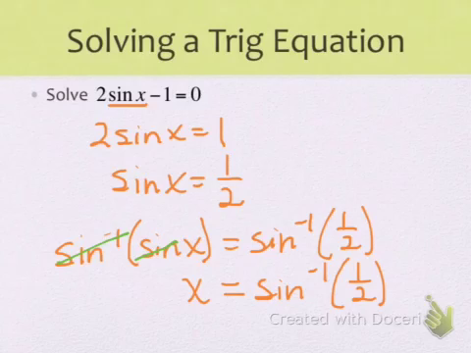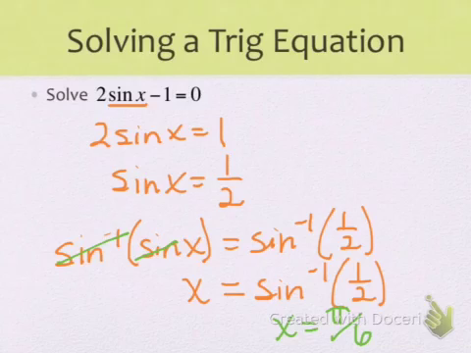Now, based on our last lesson, if I were to go to my calculator right now and find the inverse sine of 1/2, the answer I would get would be the decimal equivalent of pi over 6. That comes from the fact that the calculator can only deal with inverse sine as a function.